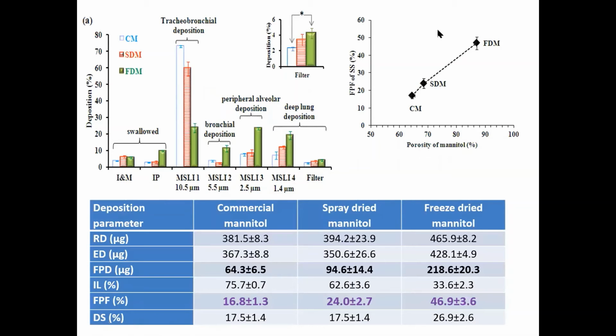So we did deposition studies, and we showed that if you use freeze-dried mannitol, you have less drug sticking in your throat. This is the throat area, which is around 10.5 micrometers. And most of the drug can enter the lung if you use freeze-dried mannitol, in stages 2, 3, 4, and even the filter.